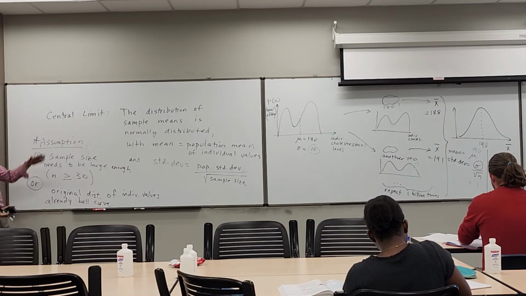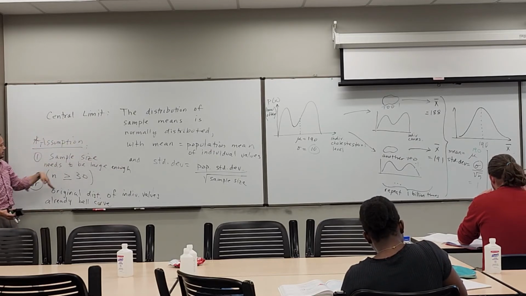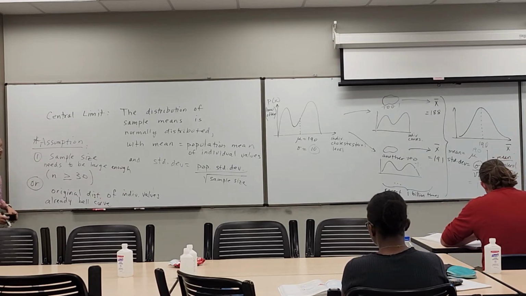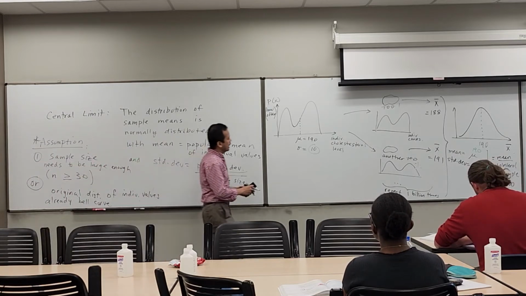Alright, so this is what the central limit theorem says, and this is the assumption, and only one of them has to be true, either one or the other. So let's go ahead and look at a concrete example.